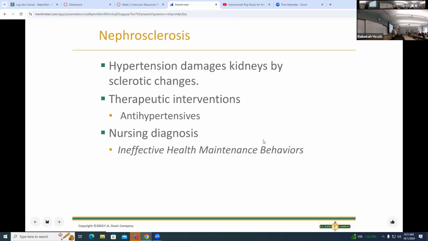It's more of just managing the symptoms. You guys are actually going to start clinicals. You're going to be talking more about nursing diagnoses with your care plans, right? Somebody with nephrosclerosis might have an infected malignancy, meaning maybe they have some high blood pressure, but over time it causes some nephrosclerotic changes and some damage.